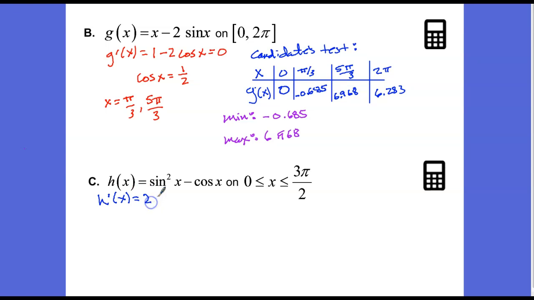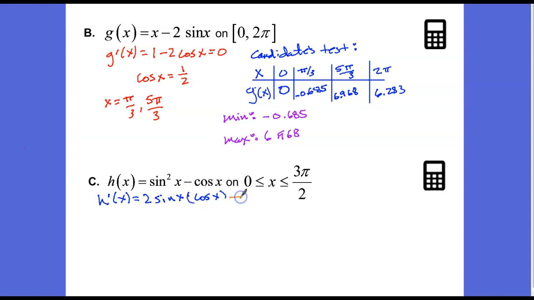So power rule is 2 times the inside function, which is sine x, to the first power. So power times base down 1. But now, via the chain rule, I have to multiply by the derivative of the inside function. And the derivative of sine x is cosine x.